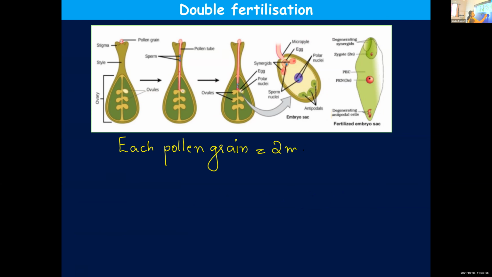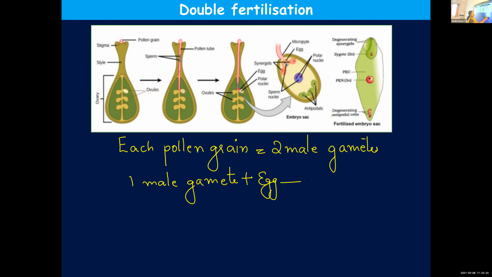And one male gamete will fuse with the egg, or the female gamete. And this process you can call syngamy, fertilization. You have learned that the process of fusion of a male gamete with the female gamete to form a zygote is known as fertilization, or else you call it syngamy.